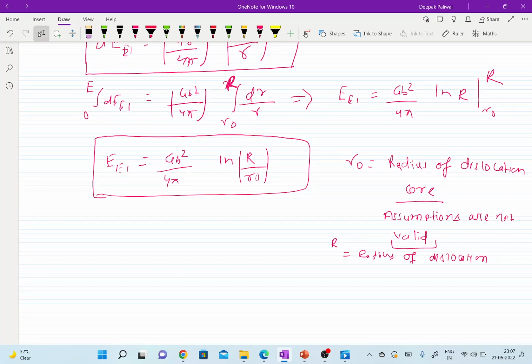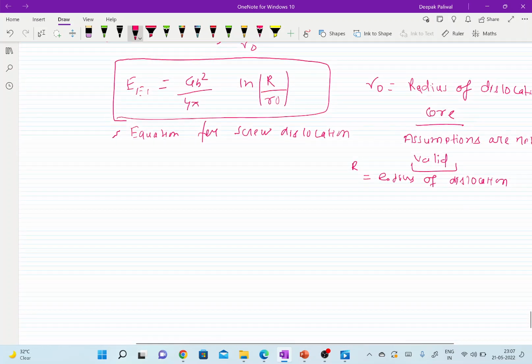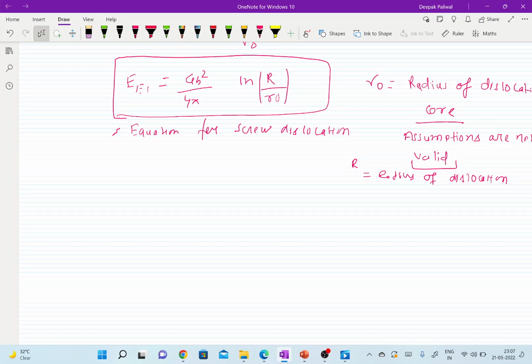So this is the equation for screw dislocation. Now we will talk about the equation for edge dislocation.